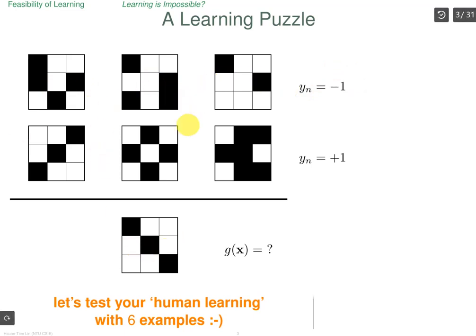Now, assuming that you have learned, I ask you to find the correct answer to this new unseen example. What would be the label, +1 or -1? You have estimated your g based on this limited amount of training examples.